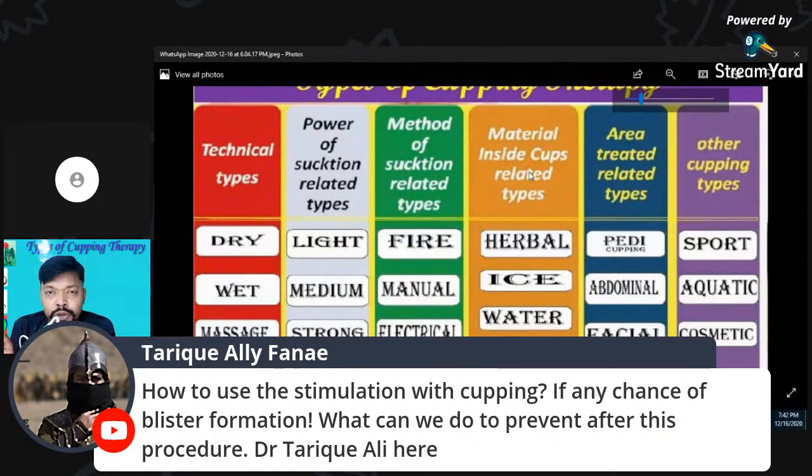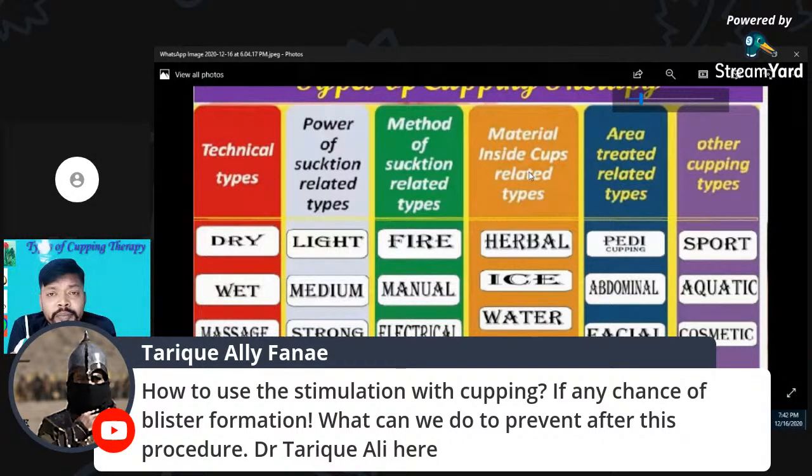By assessing the area where we applied the cup for 15 minutes, we can decide whether to go for another session, or wet cupping, or stop cupping therapy.